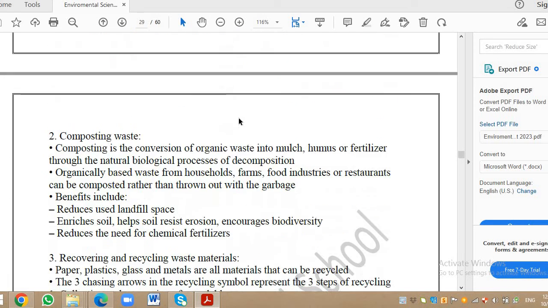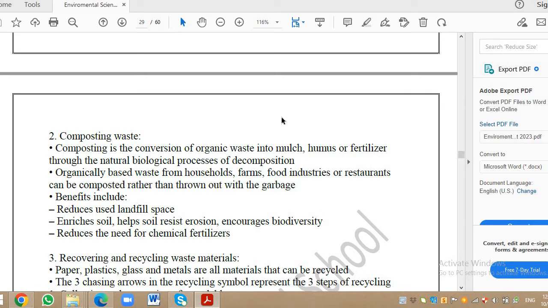The second type of management is composting waste. What's composting waste? Composting is conversion. It's the conversion of organic waste into humus or fertilizer. Fertilizer means, do you know the fertilizer?